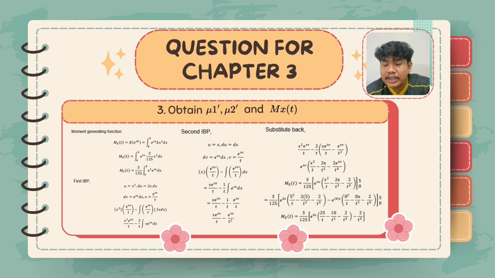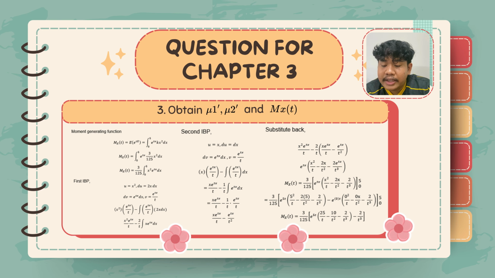And then after that, we substitute back all the expression, it will get x squared e to the power of tx over t minus 2 over t times x e to the power of tx over t minus e to the power of tx over t squared. And then we substitute the integral limits, which is 5 and 0.